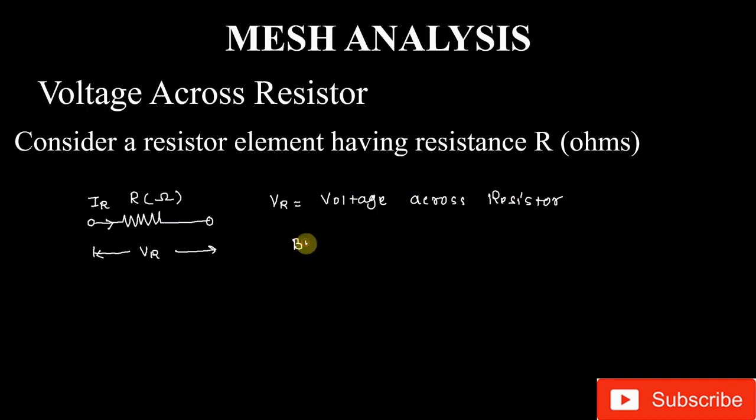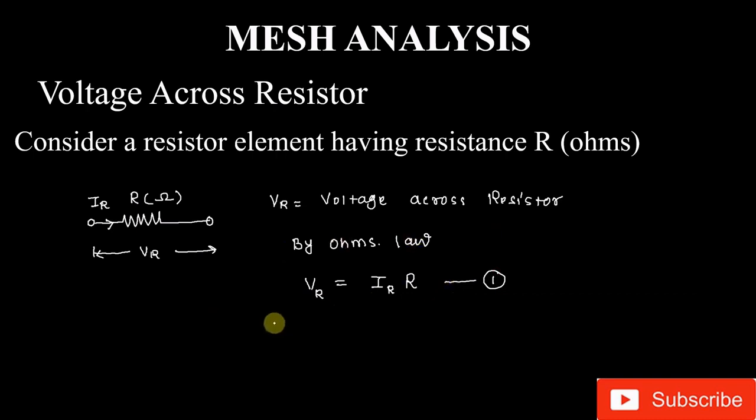We know that by Ohm's law, the voltage is the product of current and resistance. So if I apply this, VR becomes IR times the resistance value. This will be the first equation where we get the voltage.